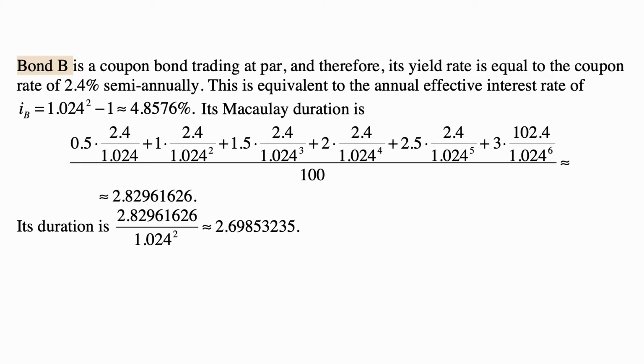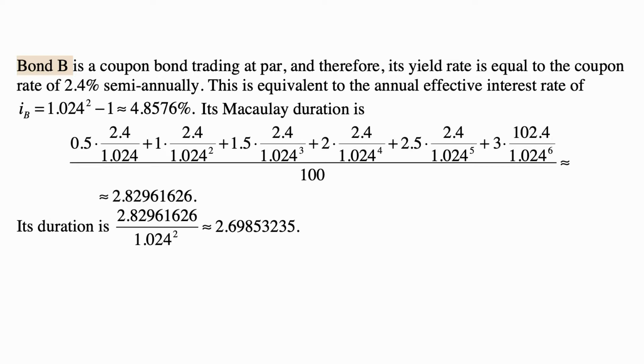The price is 100, so we divide everything by 100, and at the top we have each cash flow present value multiplied by the time of payment. And this requires a little bit of calculation, but it comes out to be about 2.82961626.